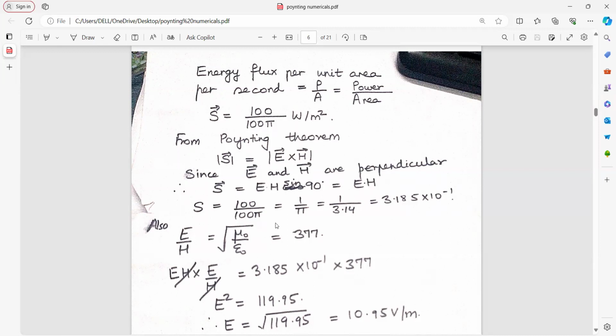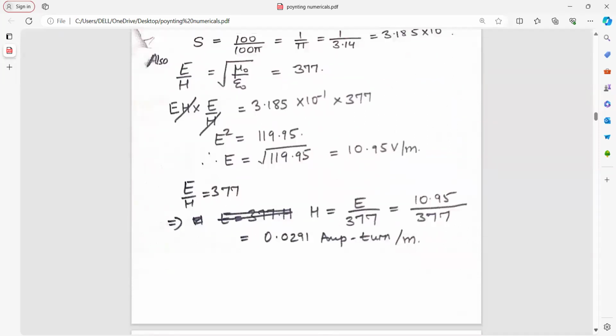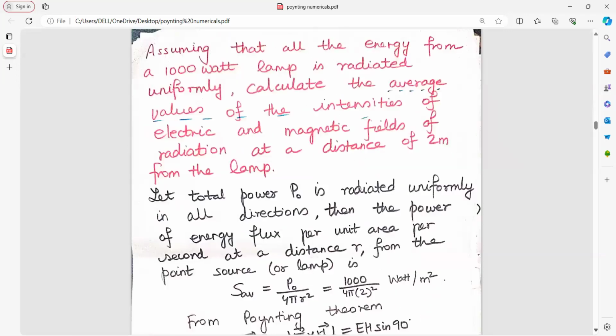The value of S is 3.18 and the E upon H ratio is equal to 377. Simply solve these two equations, EH and E upon H, by cross multiplying them, and you get the individual values of the electric and magnetic fields.